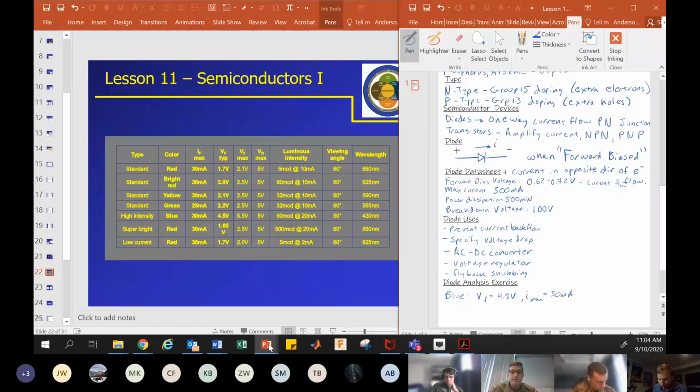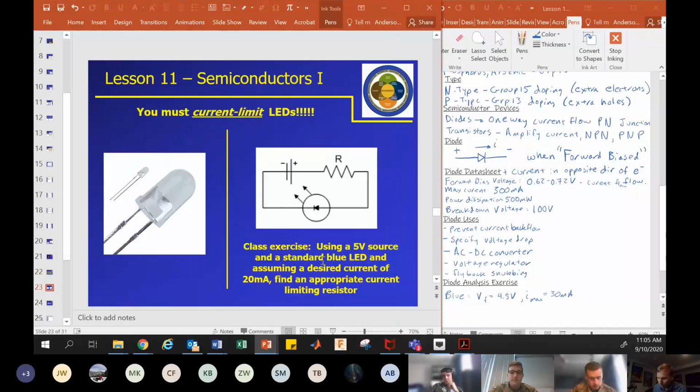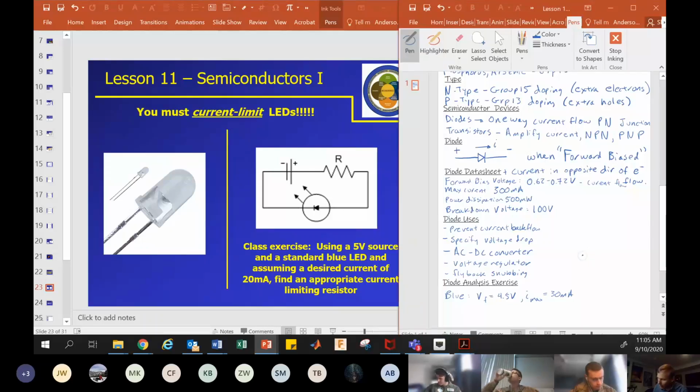Okay, so I'm writing that down because we're going to do a little exercise here. Class exercise: using a 5 volt source and a blue LED, pick a resistor to safely limit current to 20 milliamps.